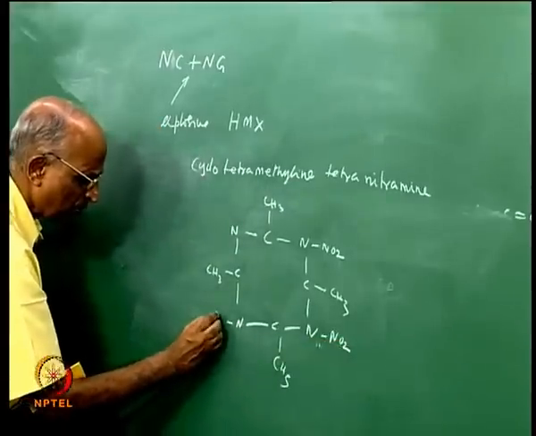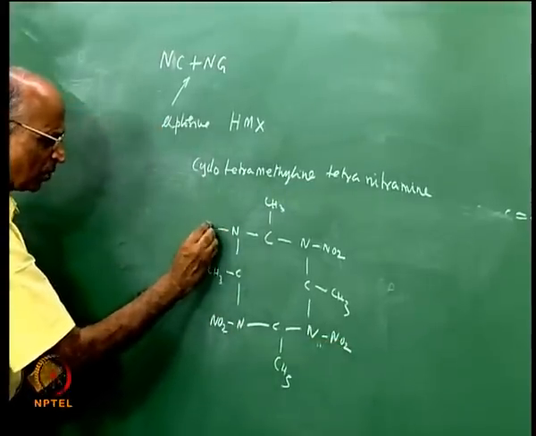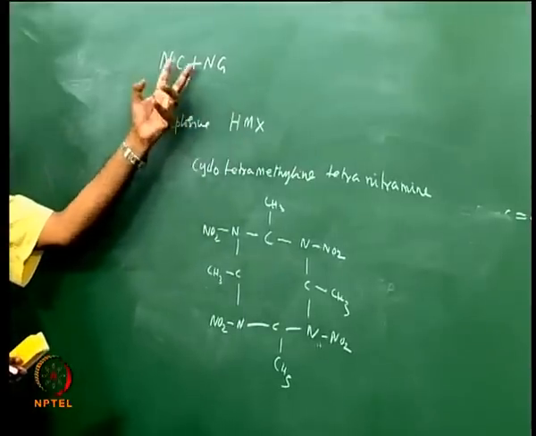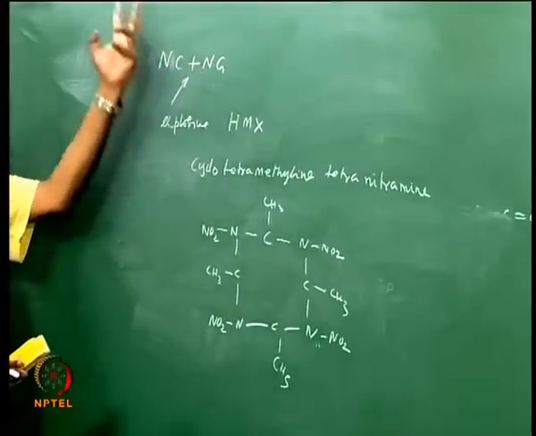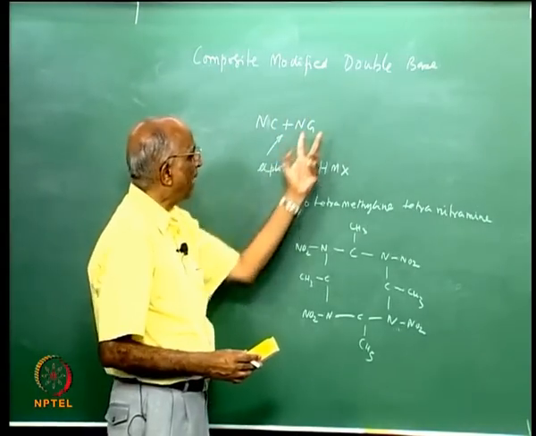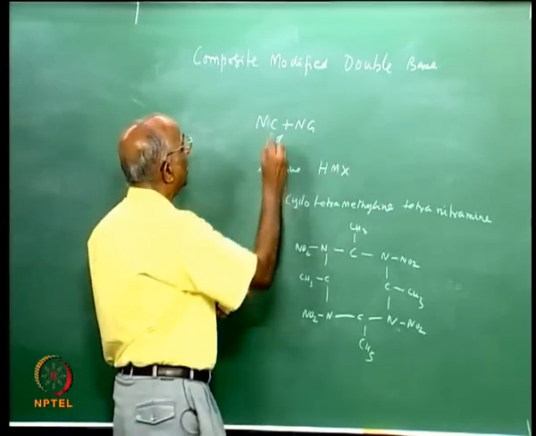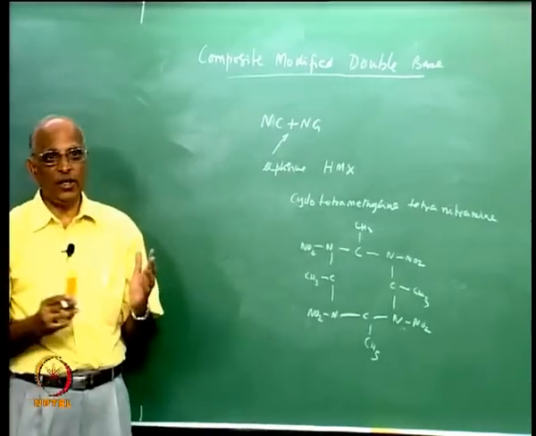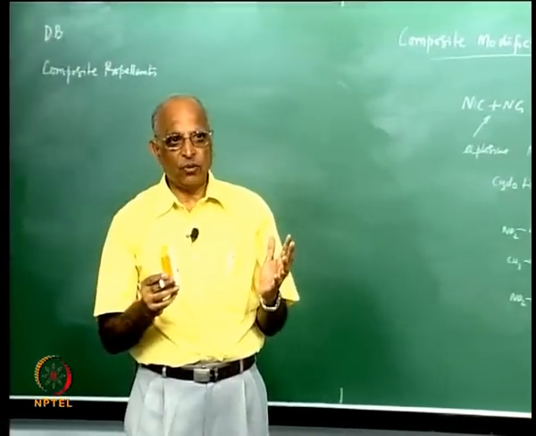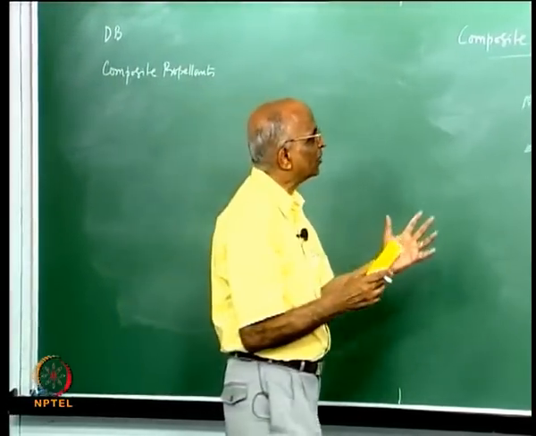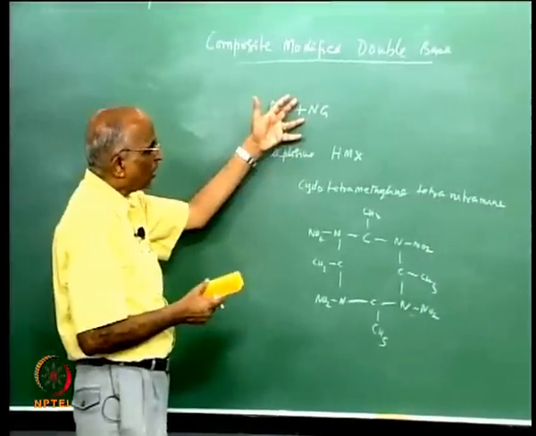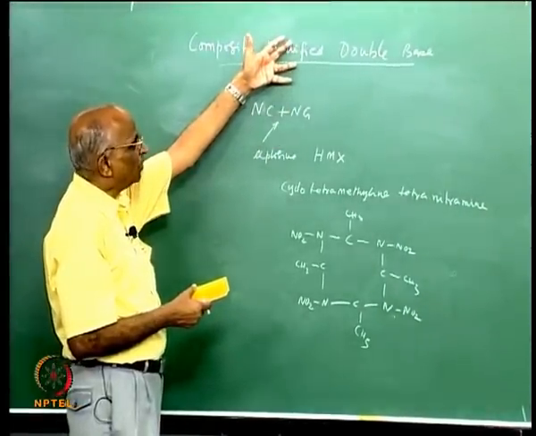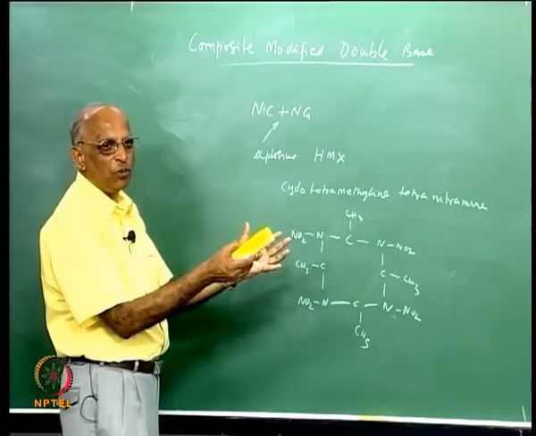This is just an explosive, and I do not think we should spend much time on it. All what you do is you add HMX to a small quantity of this, it becomes a composite of a double base and this particular HMX explosive, and this is known as composite modified double base propellant. It is used widely in defense because they would like to have their missiles more energetic than double base propellant, or they would like to have properties of the propellant which can be readily formulated.